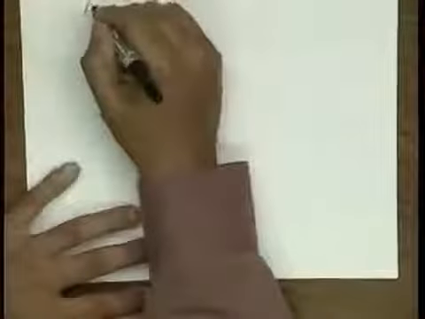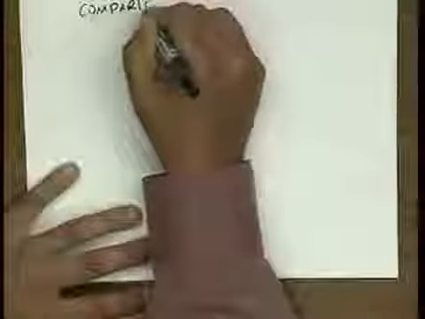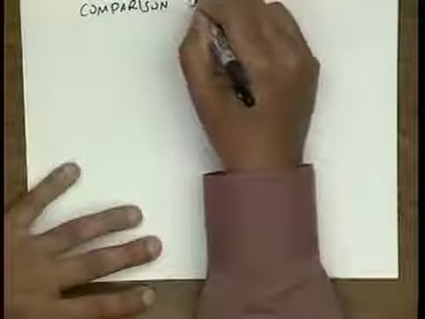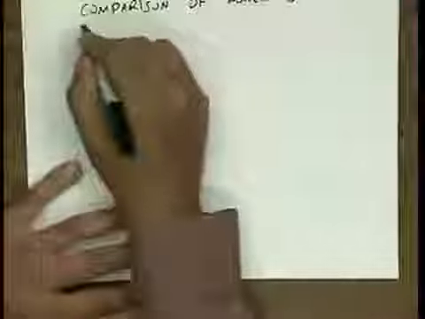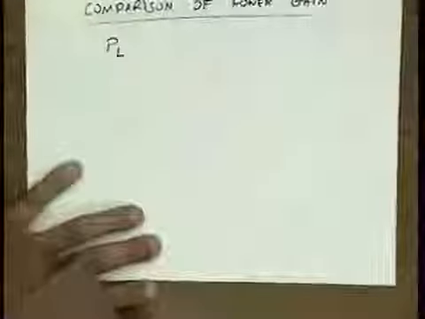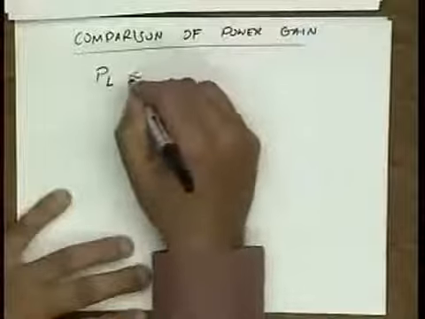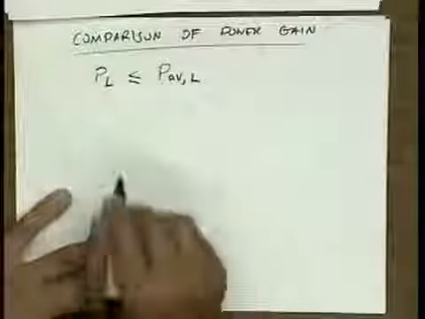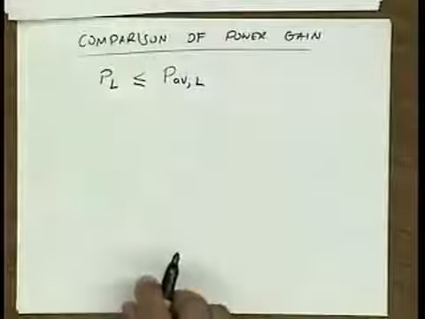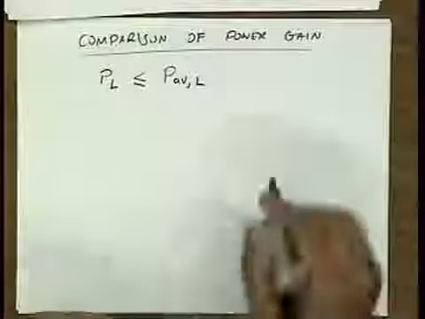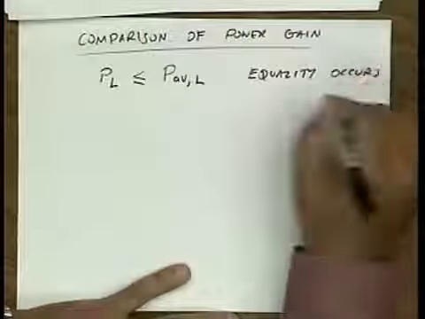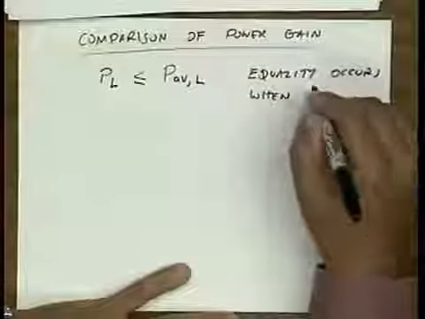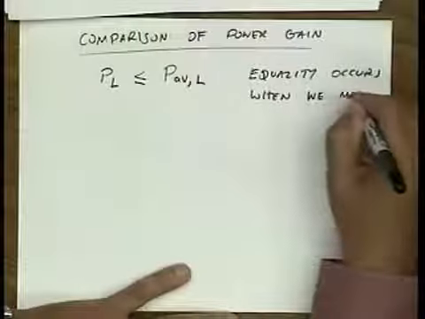Okay? So let's make some observations. Let's compare the various power gains that we've defined. We know that in general, whatever power we are able to deliver to the load is less than or equal to the power available at the two-port, and equality happens when we match.